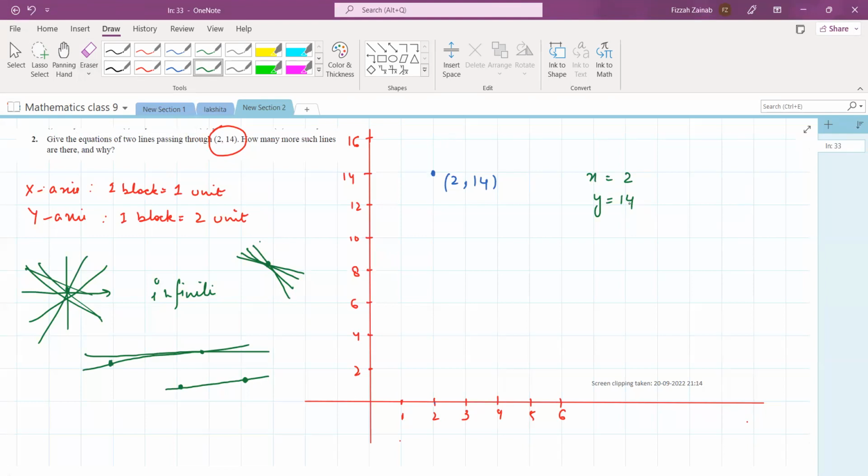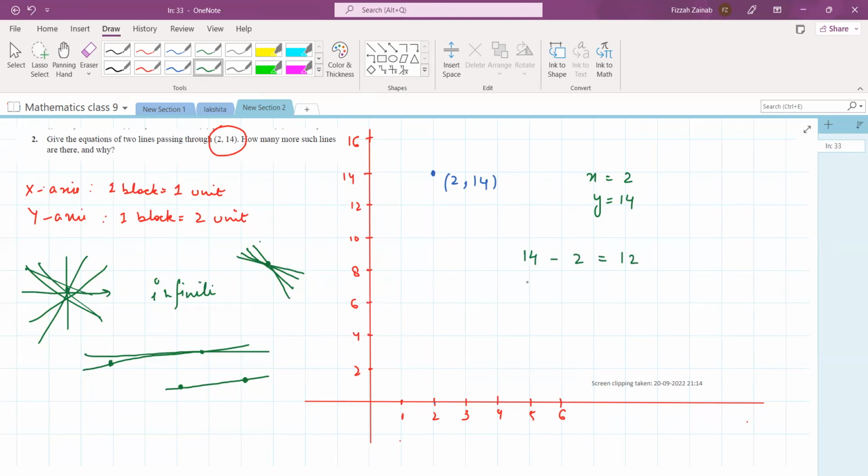The RHS can be anything, but as an example, if I take y minus x, that is 14 minus 2, what will you get? 12.